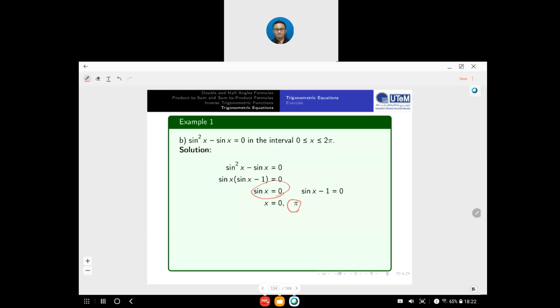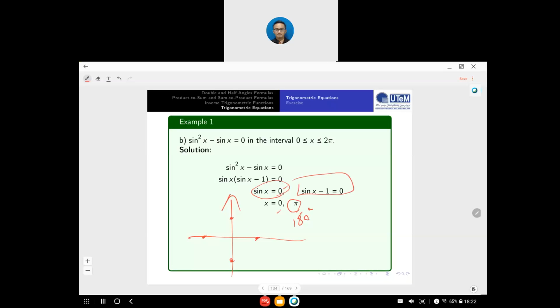Okay, ingat bila dia duduk atas garis tu, kosong ni mesti awak kena check semua ni. Mana yang memberi jawapan? Kalau awak tekan calculator, sin 180 pun kosong. Okay. That's why the answer is 0 and pi. It's up to you lah. You nak bagi dalam jawapan degree pun boleh. 180 degree pun tak ada masalah. It's up to you.